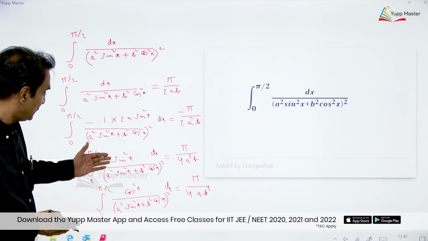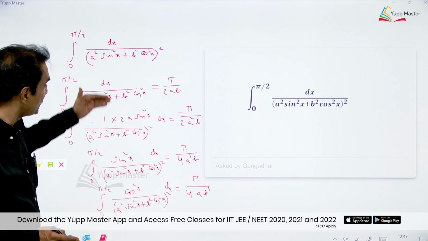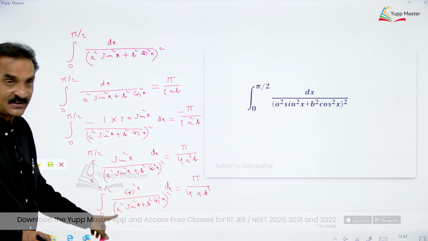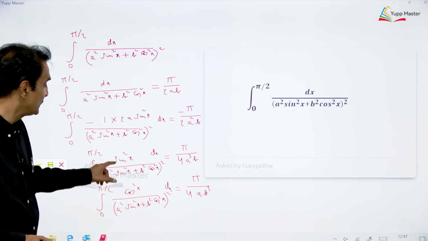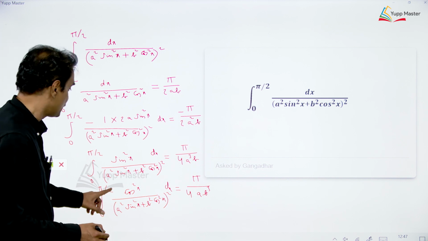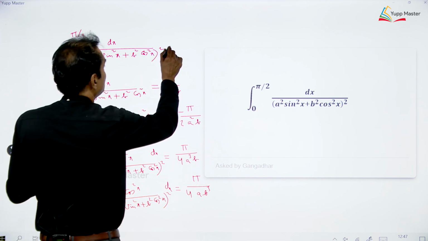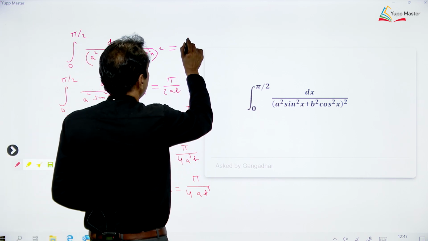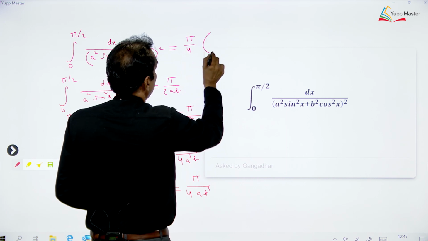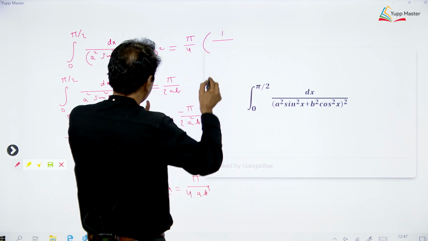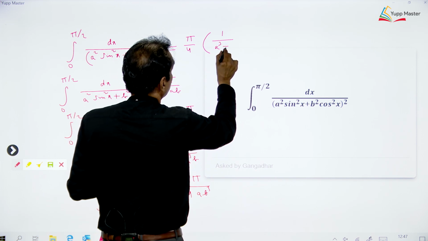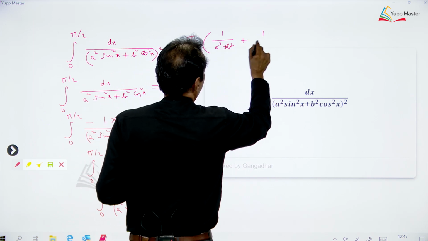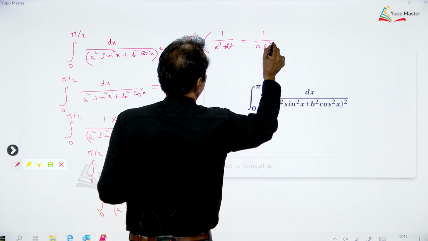Now, we get the asked integral by just adding these two. If you add these two, the denominator is the same, and the numerators are sin square x and cos square x. Sin square x plus cos square x is 1. So this integral is equal to this plus this. Take pi by 4 common into 1 by a cube b plus 1 by ab cube.